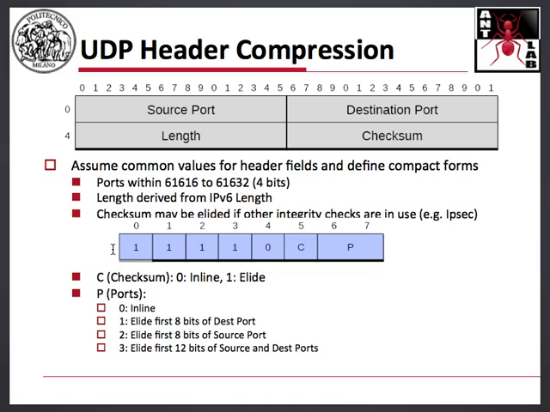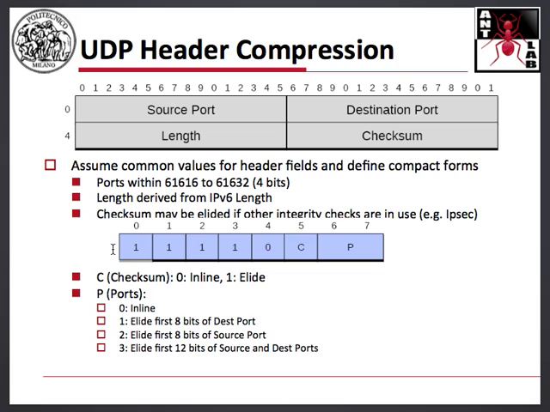And the following 2 bits are the ones which tell you how much the port addresses are compressed. If these 2 bits are 0, it means that the source and destination ports are not compressed, they're in line. Depending on the value of these 2 bits, you might decide to elide more bits of source and destination ports: 8 bits for the destination port if this is 1, 8 bits for the source port if this is 2, and 12 bits of both source and destination ports if this is 3.